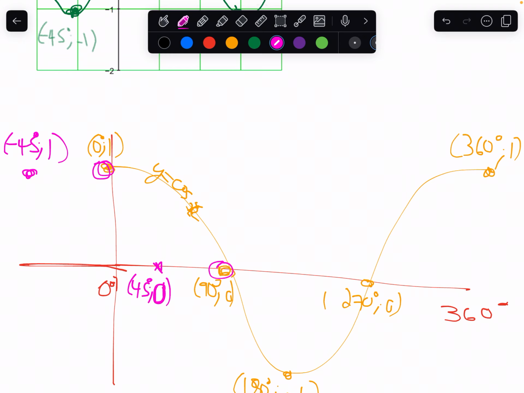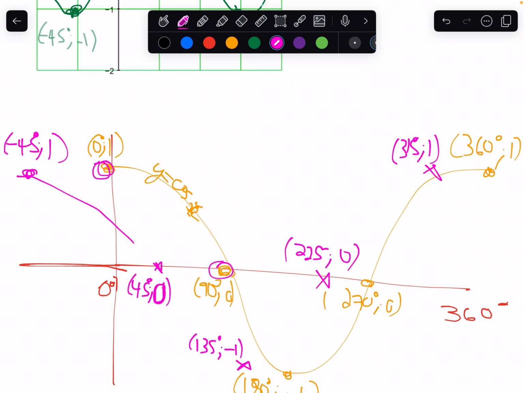This one will be at 135 and negative 1. This one will be at 225 and 0. And then lastly, this one will be at 315 and 1, right? So then our graph ends up looking like that.